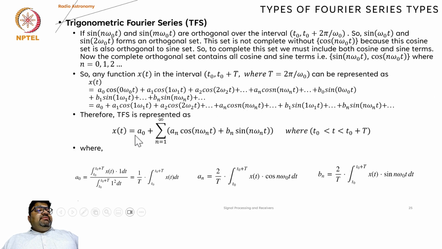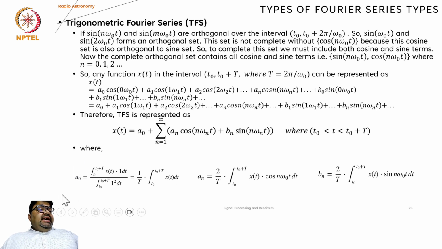Therefore x(t) can be written as a naught plus the summation over n equal to 1 to infinity of an cosine n omega naught t and bn sine n omega naught t, where t goes from t0 to t0 plus capital T, where capital T is 2 pi over omega naught.